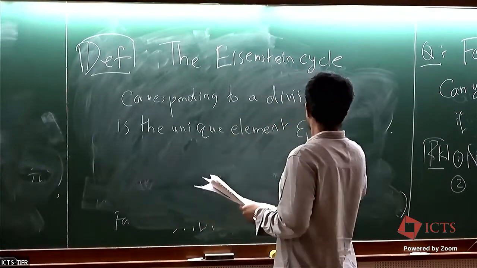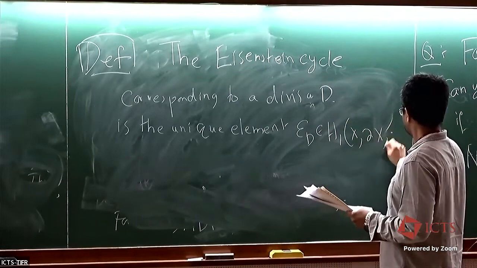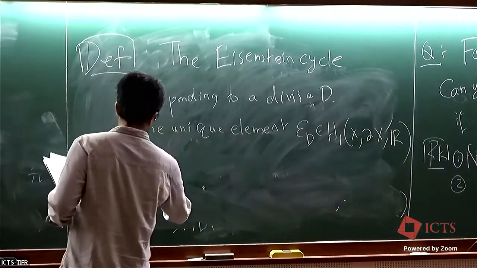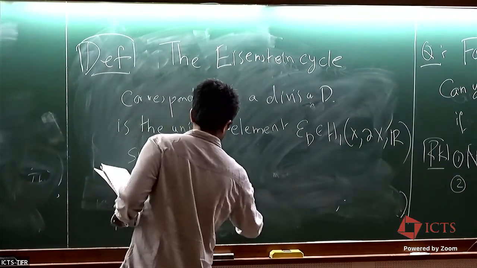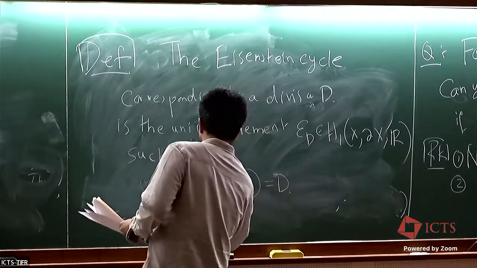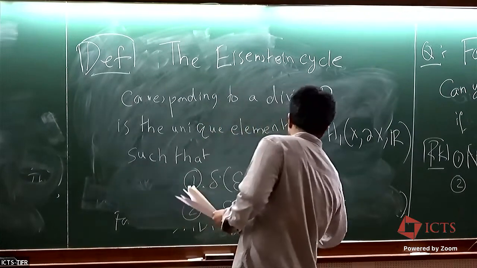is E_D in R such that the boundary of E_D equals D and the Eisenstein condition of E_D equals 0.